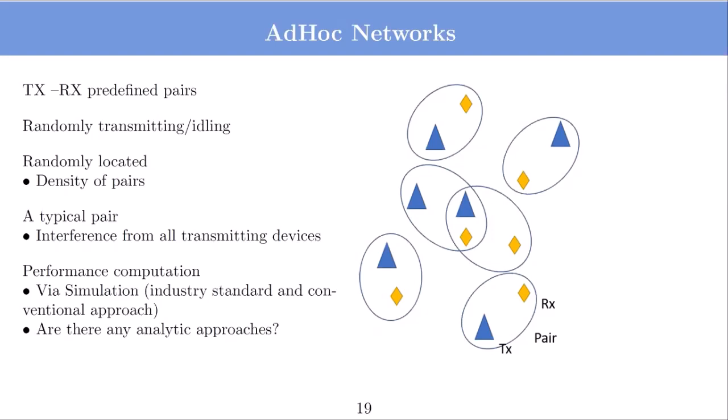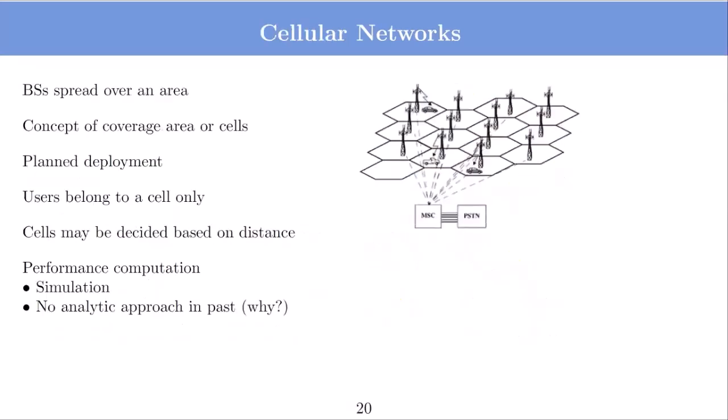In industry, generally people do it by simulation, and they take very complicated, more realistic models. And I will also talk about some conventional approaches to do it. But the question is, can there be analytical approaches which can give us expressions which can tell us the impact of different system parameters?